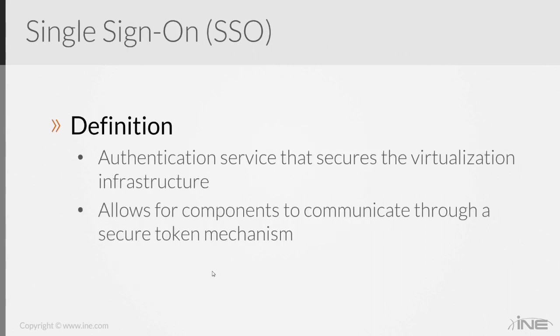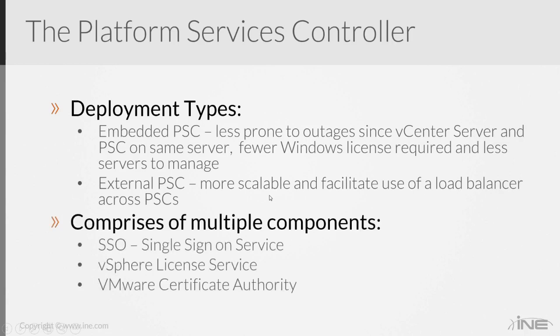We'll now discuss the second piece of this, our Platform Services Controller, which would be our vSphere License Service. Recall I mentioned there are three parts of the Platform Services Controller: SSO, and now we'll discuss the license service.